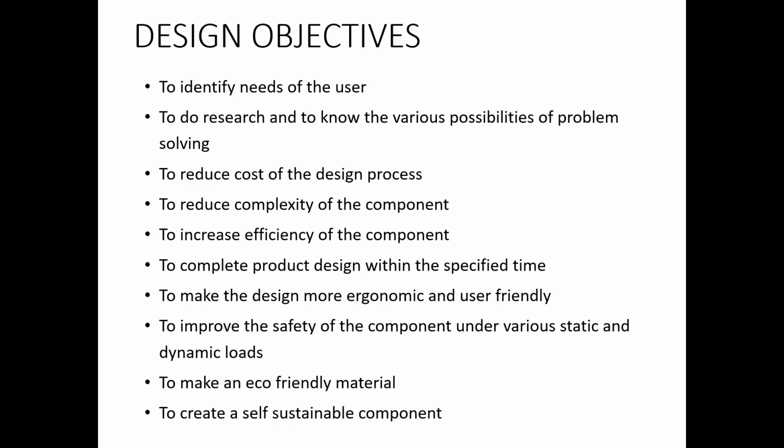That probably is not given much due consideration, but it is a very important factor that has to be considered. And the final objective is to create a self-sustainable component. So these are some of the design objectives that should be kept in mind by the design team while designing a product.